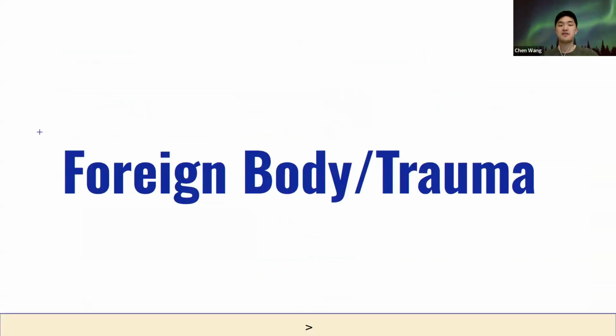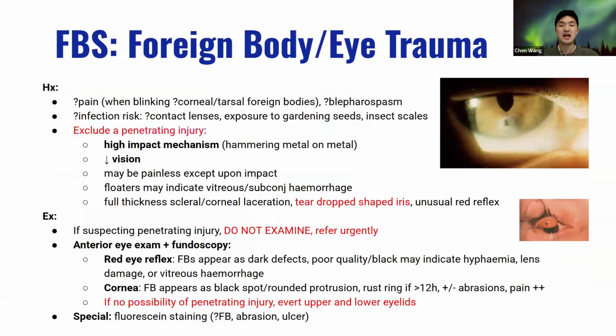So finally, we have foreign body and trauma in the eye. For foreign body and trauma in the eye, you really want to think on history about whether they have pain on blinking, and if they do, whether the foreign body is on the cornea itself or whether it may be under the tarsus if it's not visible directly on the cornea.